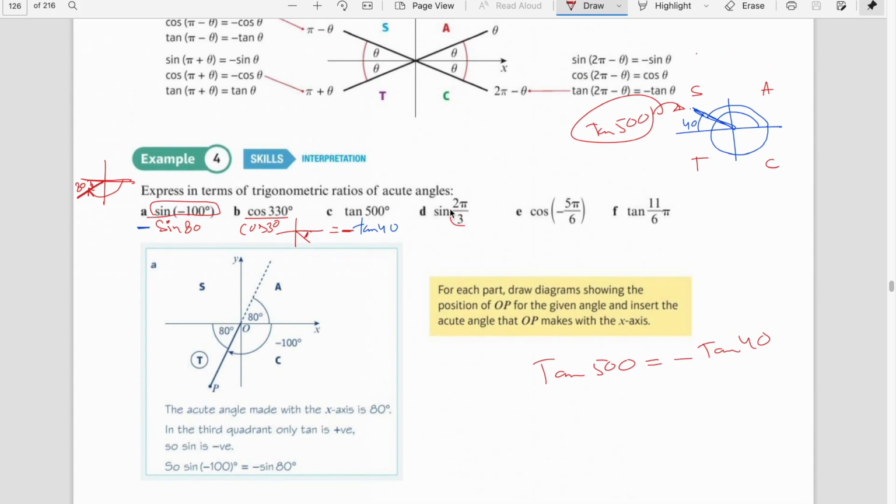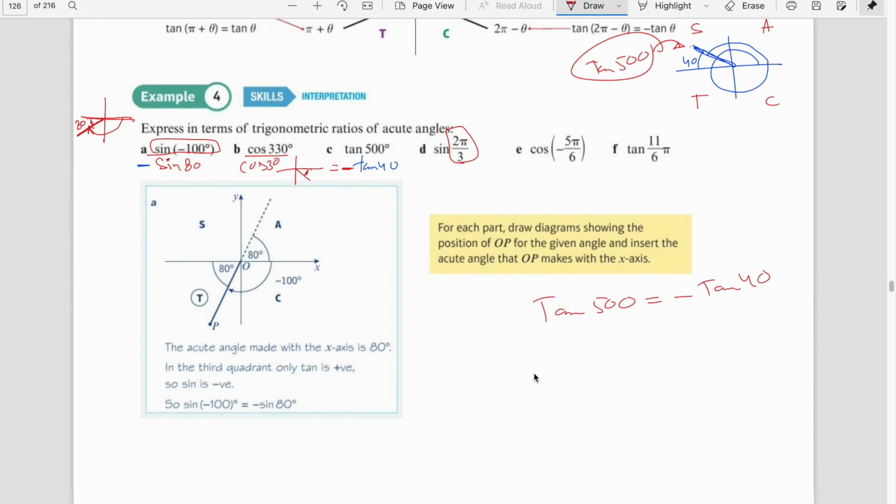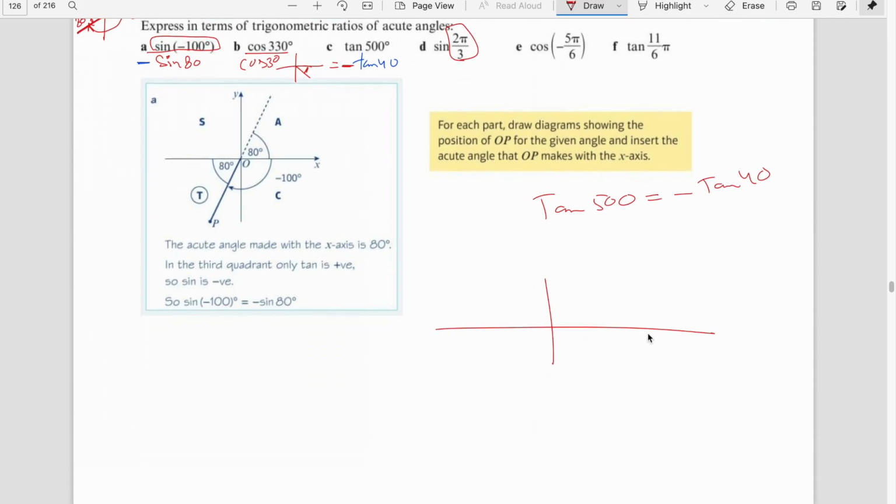Now if I look at this, sine of 2 by 3 pi. This is one complete pi, 180 degrees. So 2 by 3 is actually in the second quadrant.